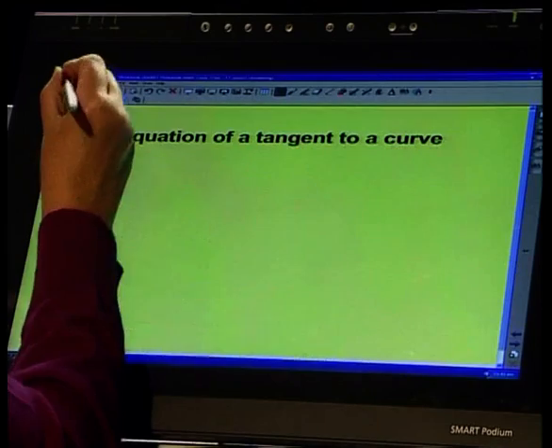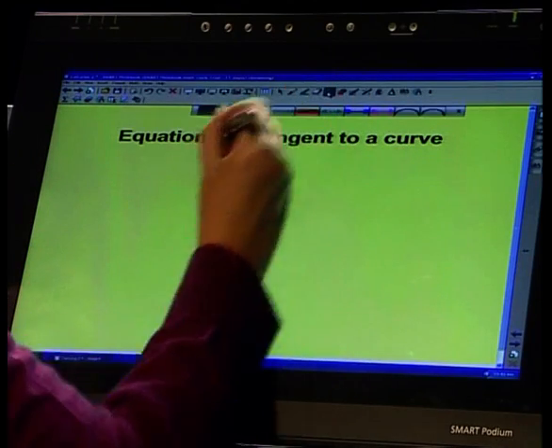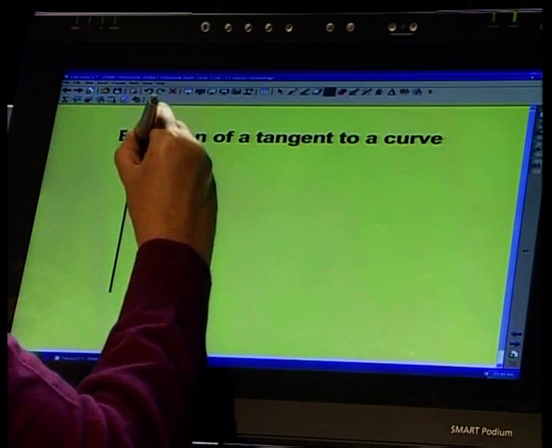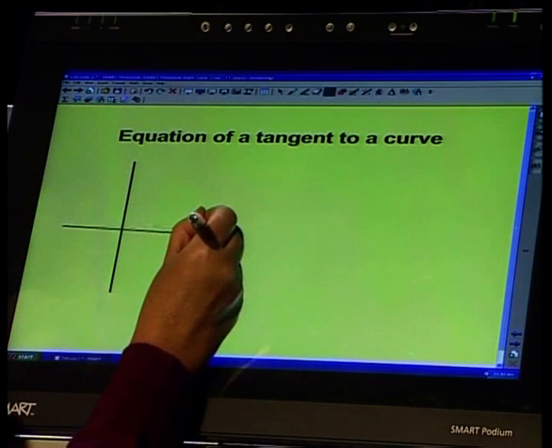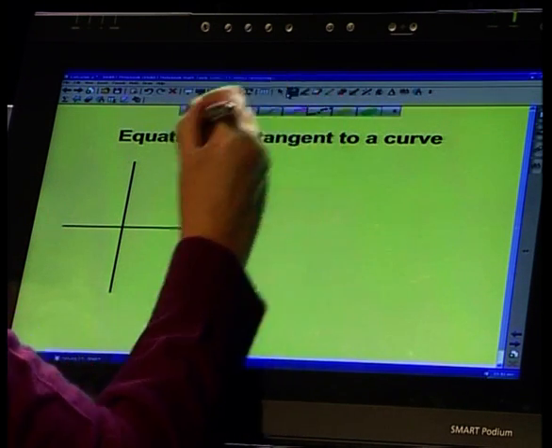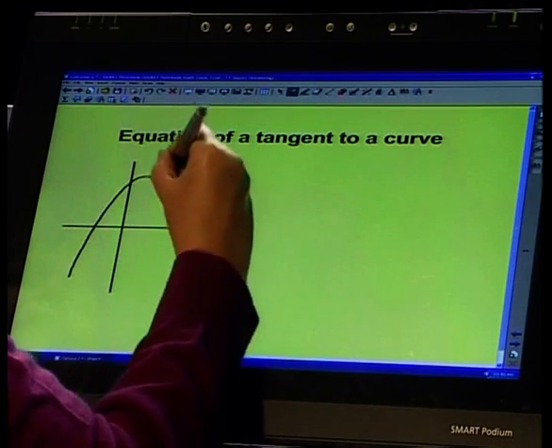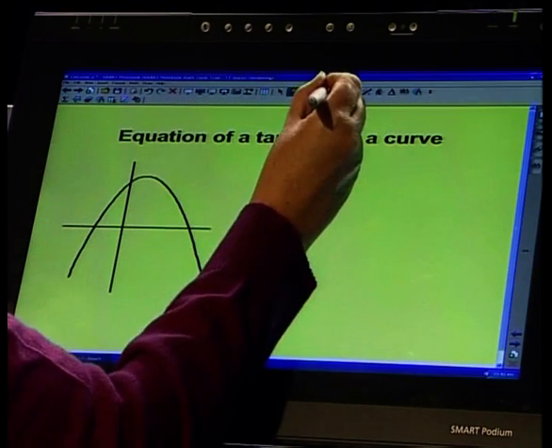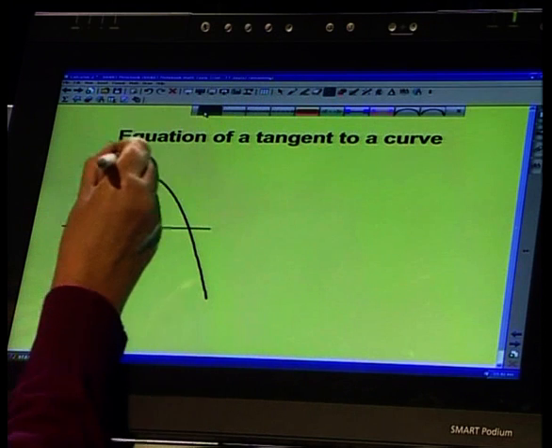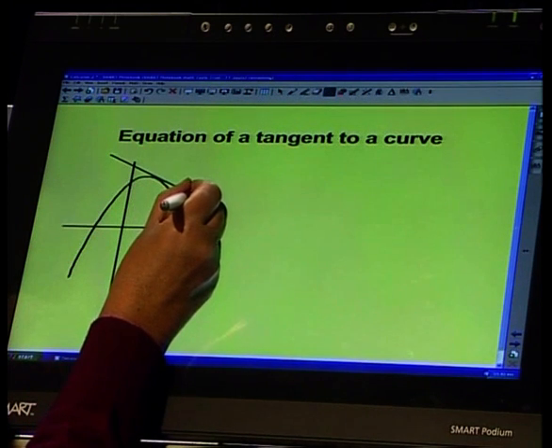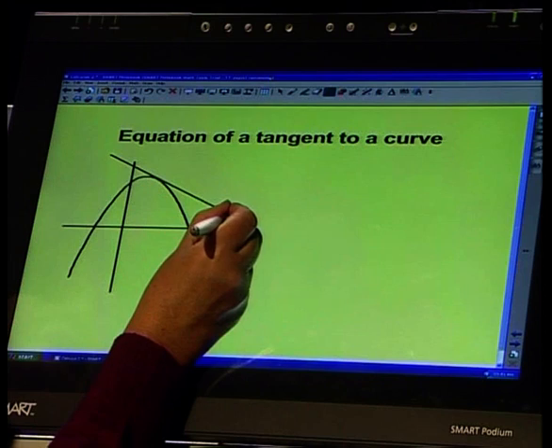So let us start by first looking at the first concept, which is the equation of a tangent to a curve. Let's talk back to when we actually had the graphs and we were talking about what it meant to be a tangent to a curve. Let's suppose we've got a parabola of some sort here. And as we had discussed last time, a tangent to a curve would look like this.